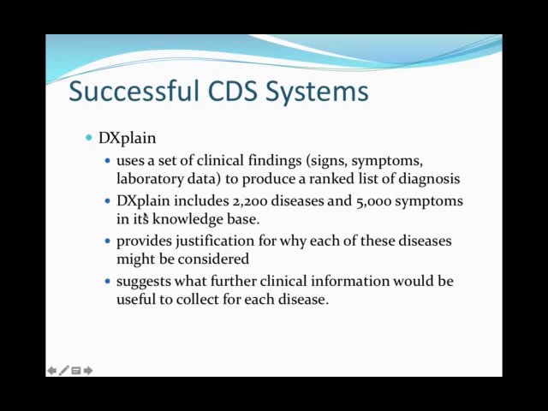It has over 2,000 diseases and 5,000 symptoms, and it also gives you justification for why each of these diseases might be considered. So it would say, this disease is more likely because of this.